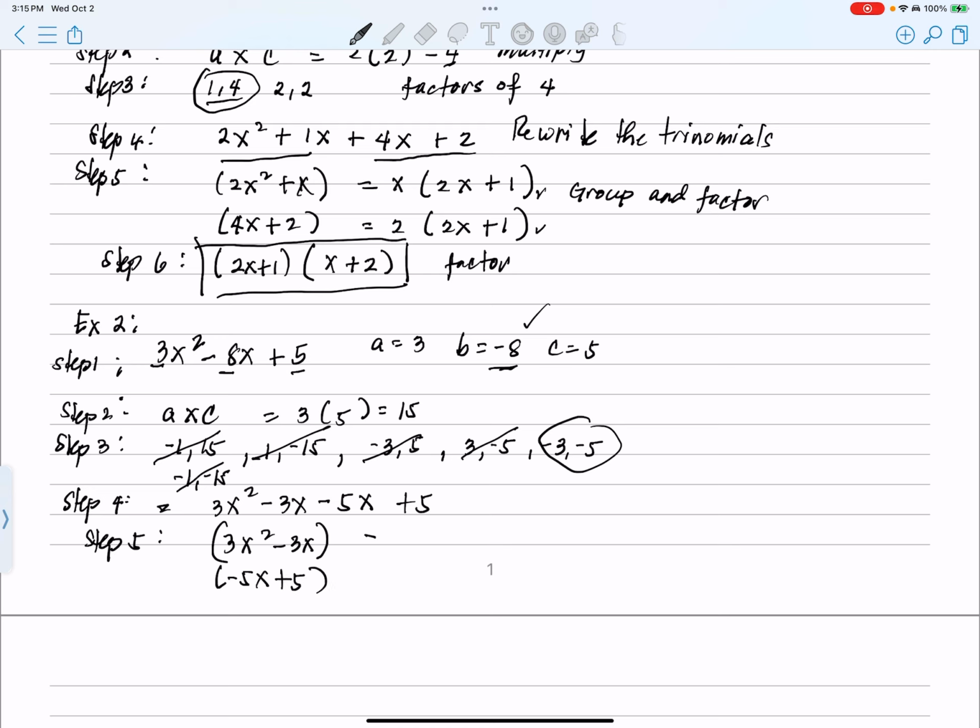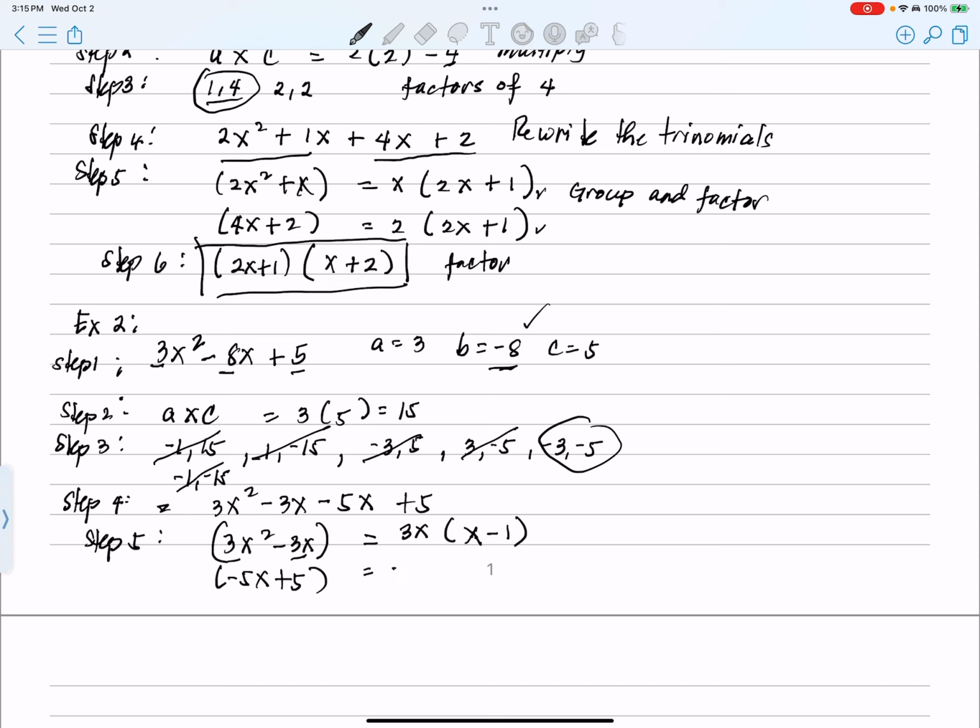Okay. Let's factor. Common is 3x. 3x squared minus 3x, that would be 3x times x minus 1. See that? In the second group, the common is 5.